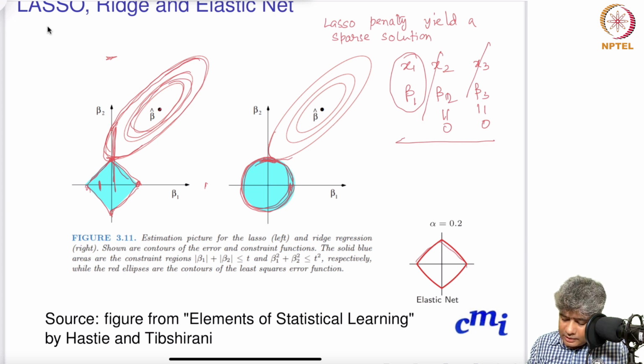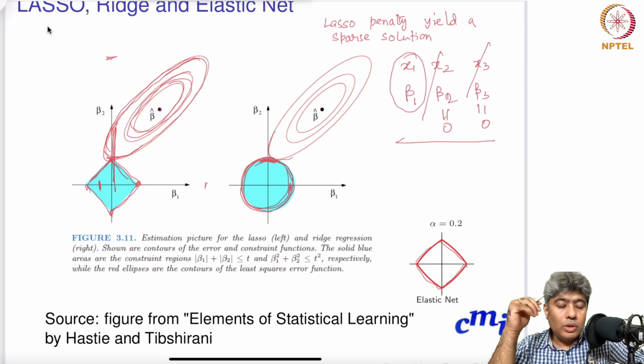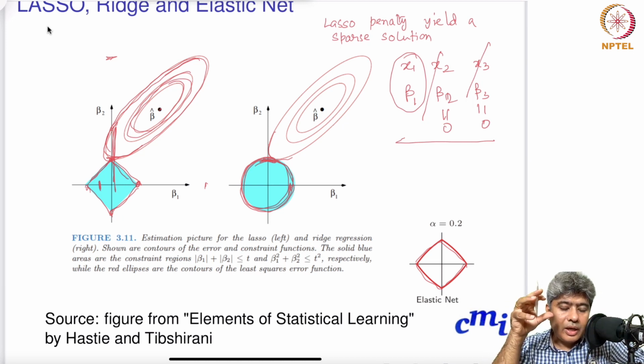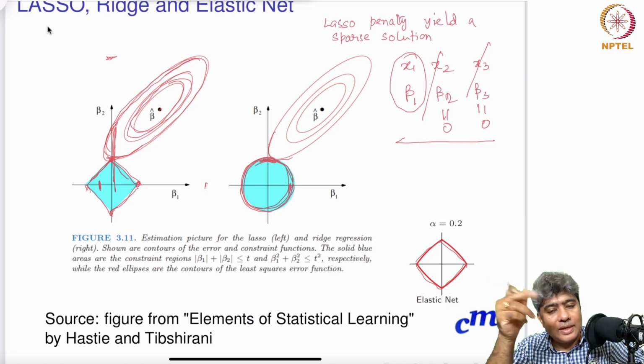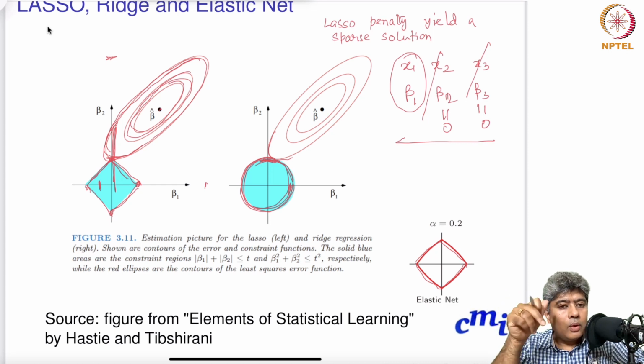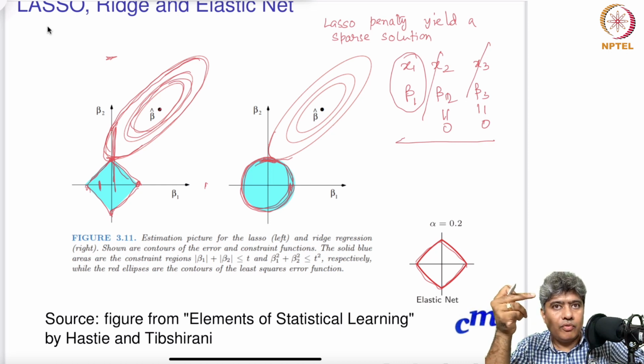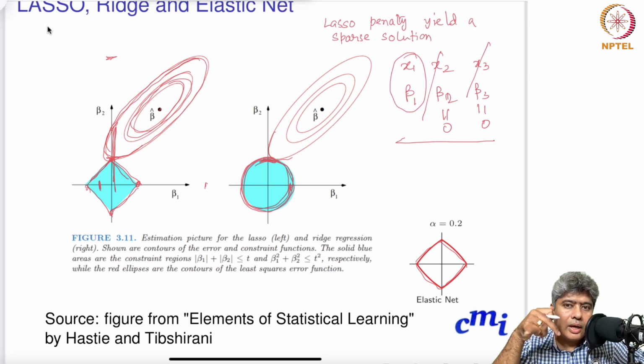Whereas elastic net has an interesting property, which is a convex combination of both Ridge and LASSO. So it does take care of both multicollinearity and variable selection, whereas Ridge does take care of the multicollinearity but cannot handle the variable selection. On the other hand, LASSO does handle variable selection but cannot handle the multicollinearity.